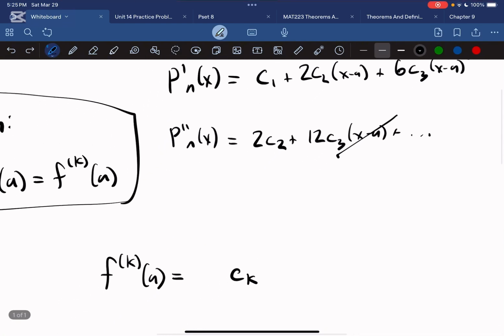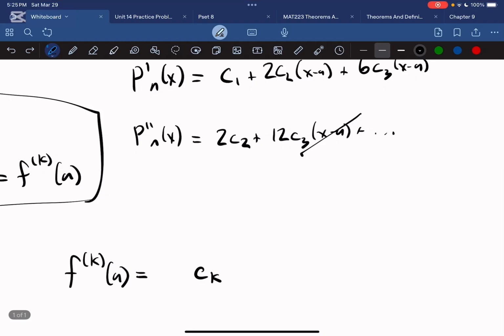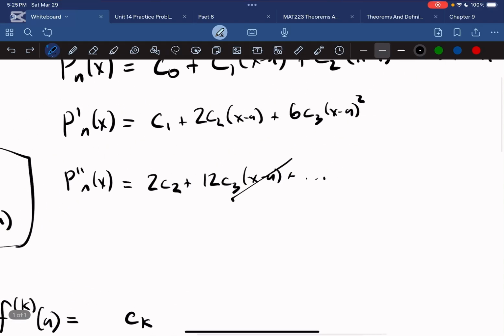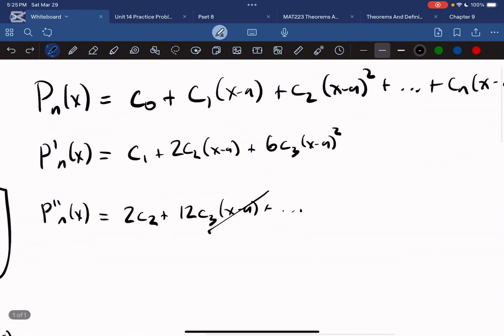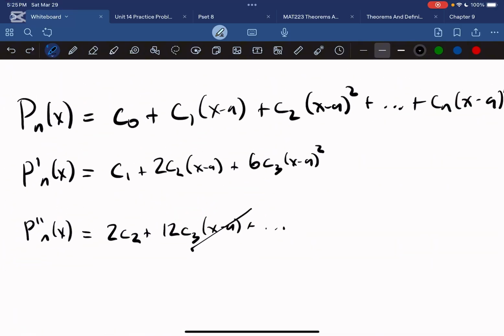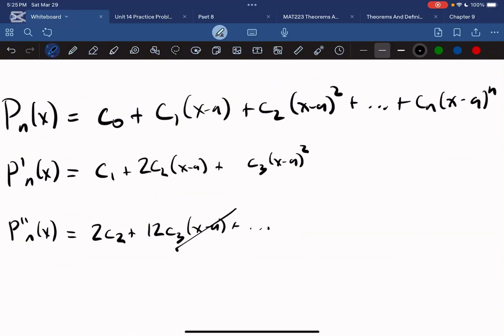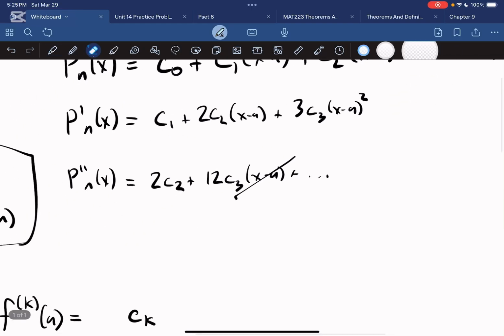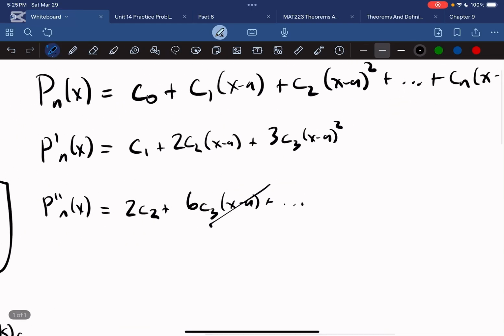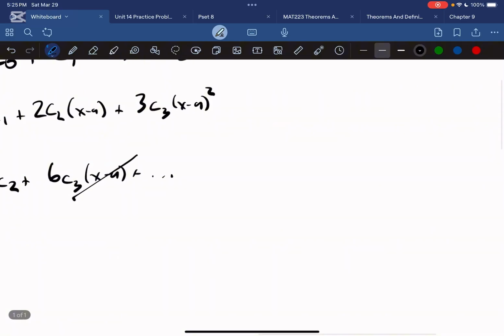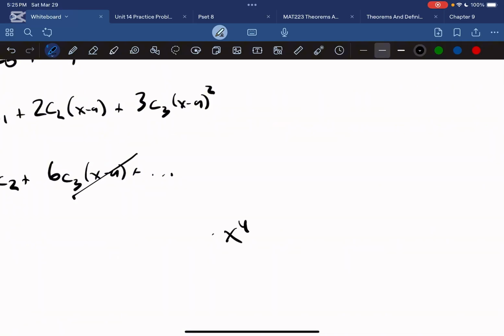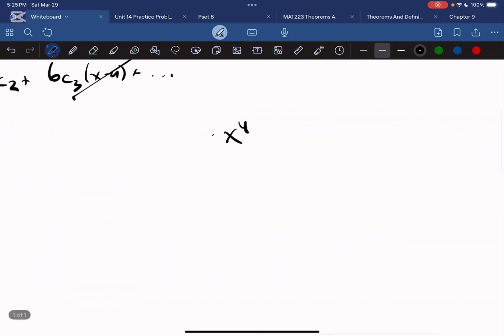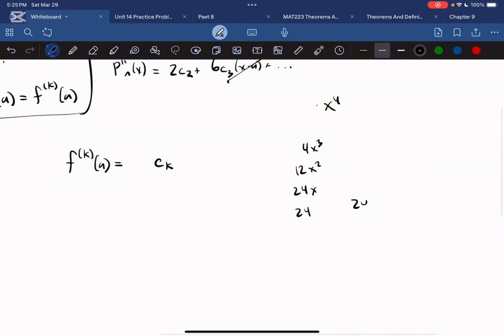And the pattern we see is... hold on, something went wrong up here. Oh, sorry, this is meant to be a 3. The pattern we see is something to do with factorials, because if we take, let's say, x to the 4, when we take the derivative 4 times, we get 4x^3, 12x^2, 24x, and then 24. 24 is equal to 4 times 3 times 2 times 1, right?